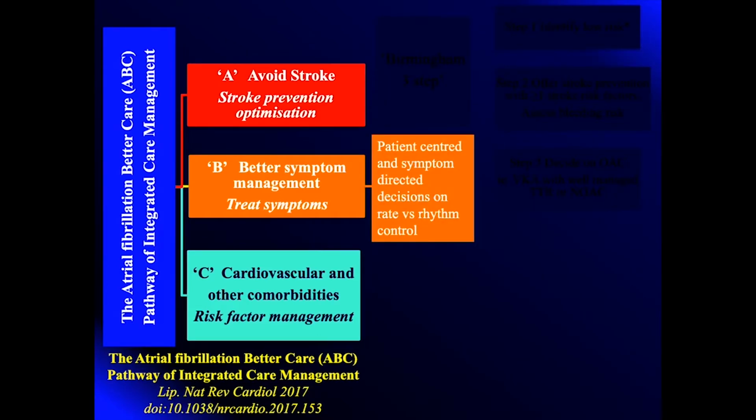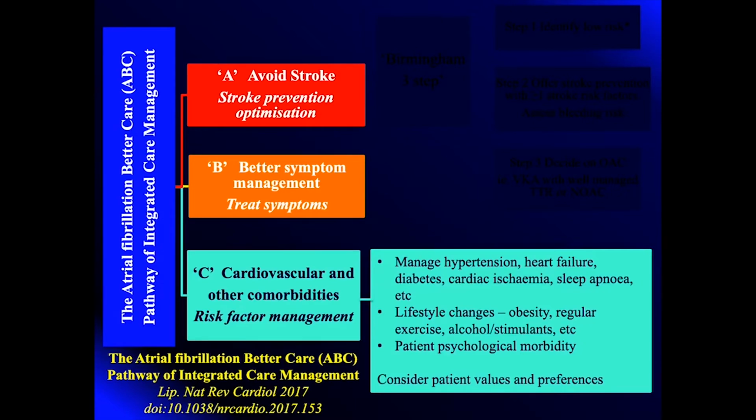What is the B of the ABC? B refers to better symptom management, and this is patient-centered and symptom-directed decisions on rate control or rhythm control, because for the majority of atrial fibrillation patients, we are focused on improving symptoms. So let's turn to the C of the ABC. Well, patients with atrial fibrillation are commonly elderly and they have multiple comorbidities, and atrial fibrillation patients, in fact, typify the multimorbidity state.